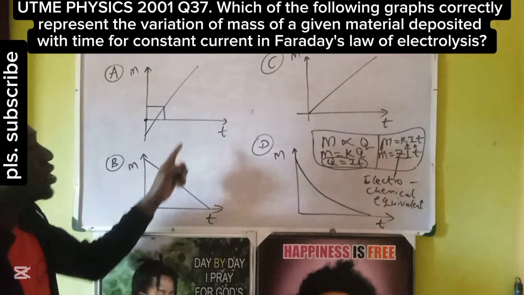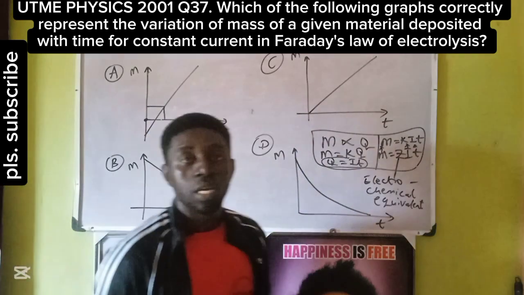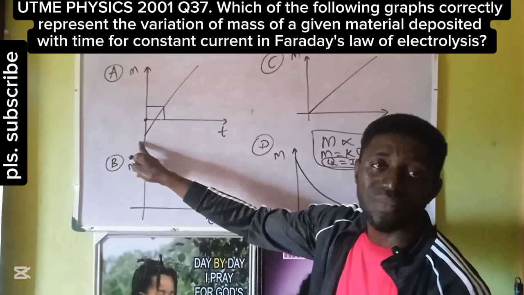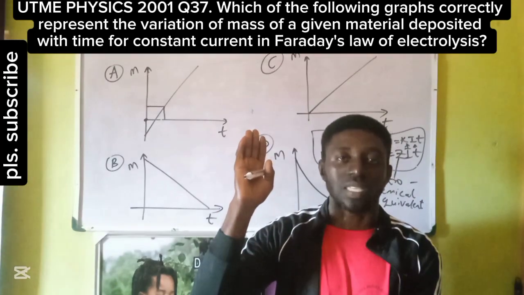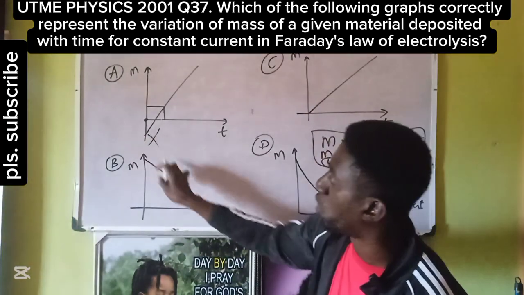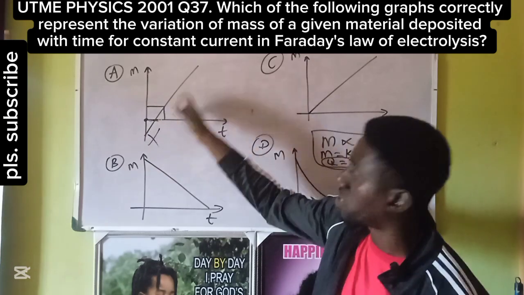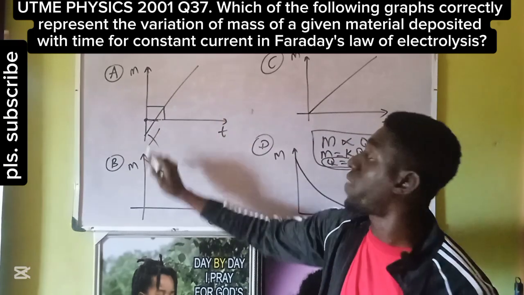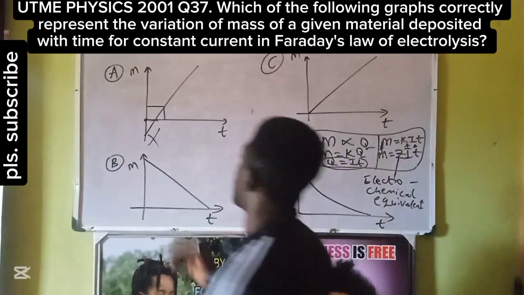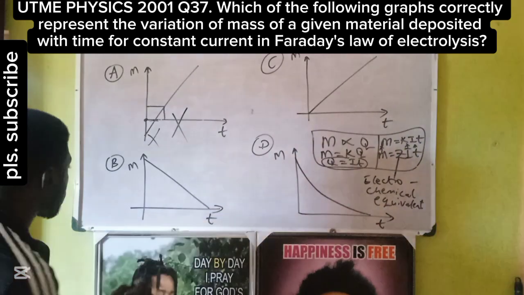It goes down to negative M. We don't have negative M here. The mass liberated is always positive. So that's what makes this one wrong. The pattern above the negative axis is okay, but going down to the negative Y component fouls this first graph. So this is wrong.